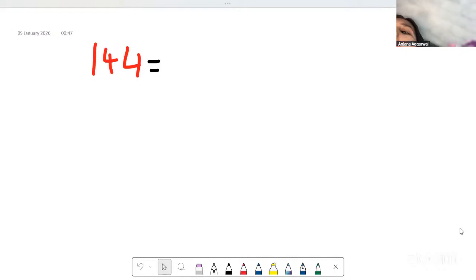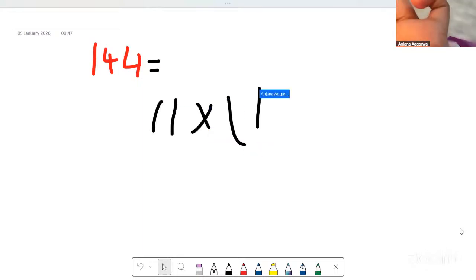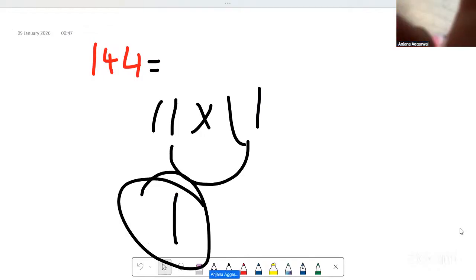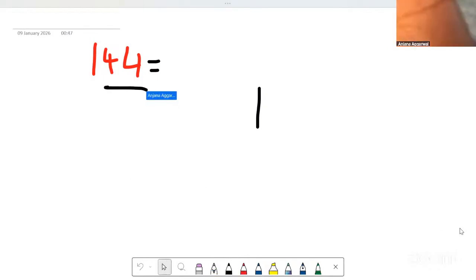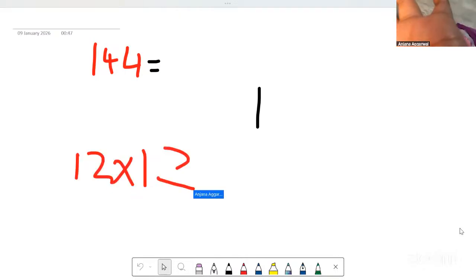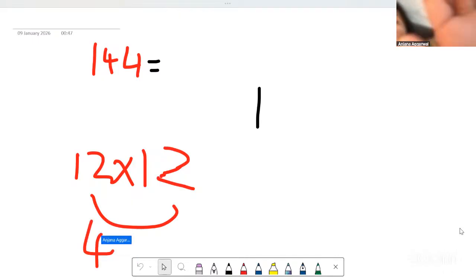You could think about 11. Then you do 11 times 11, but you don't actually do it, you just do 1 times 1, which is 1. Since it's 1, it's not really 4, so it can't be 11. Then you look at 12. I do this in my head: 2 times 2 is 4, so there's more chance that it is 12. So the answer is 12.